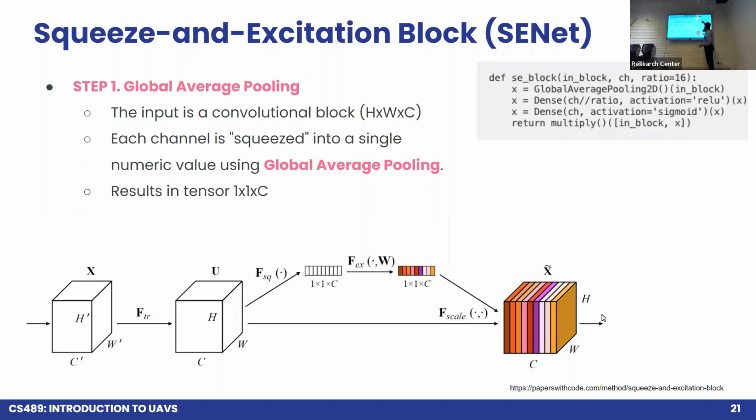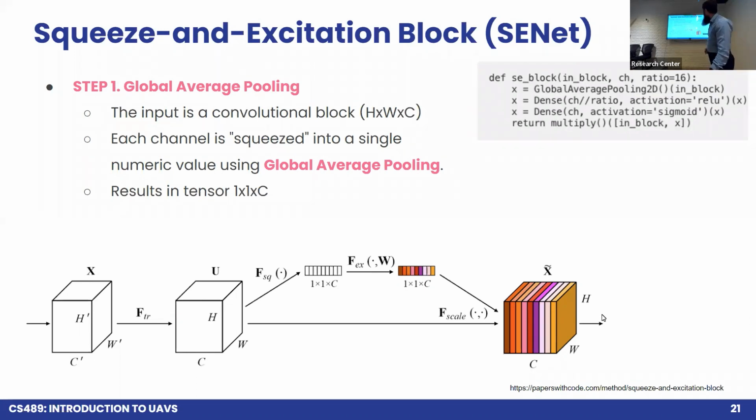So here we first apply a dense layer with a lower number of nodes with a ReLU activation, and at the end it will have the number of channels, with a sigmoid activation. Finally, after we generate this mask, we multiply these numbers by the spatial feature map, and we're going to have this one.